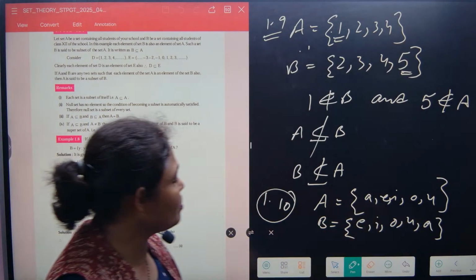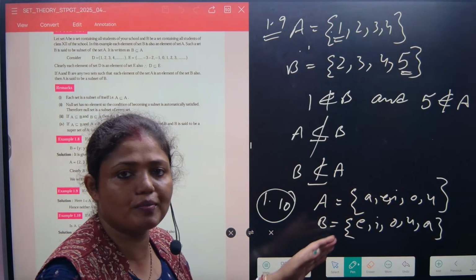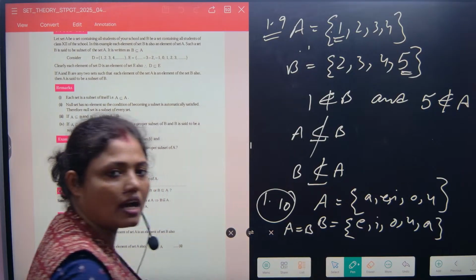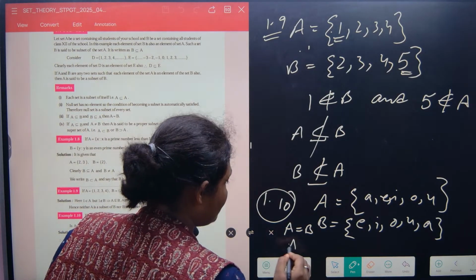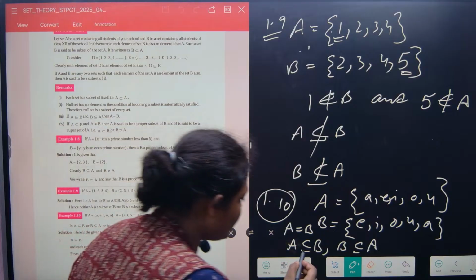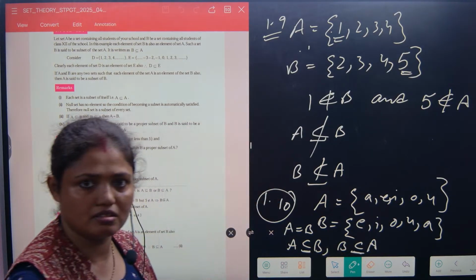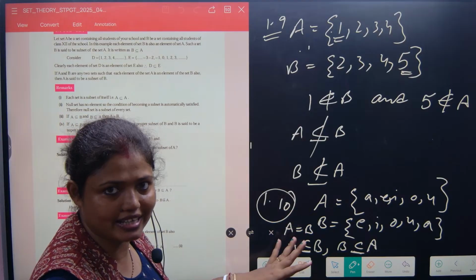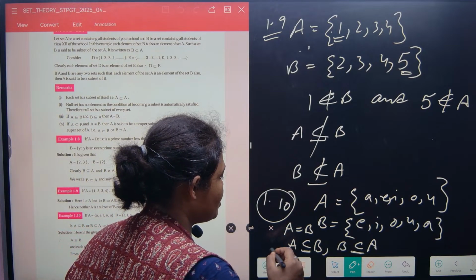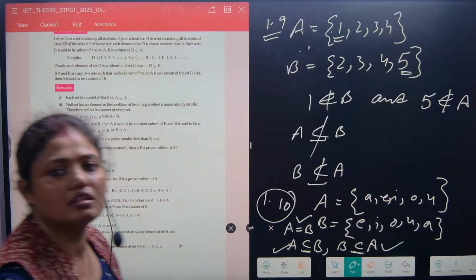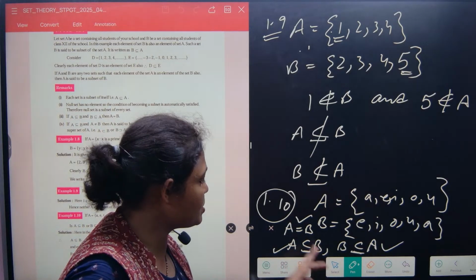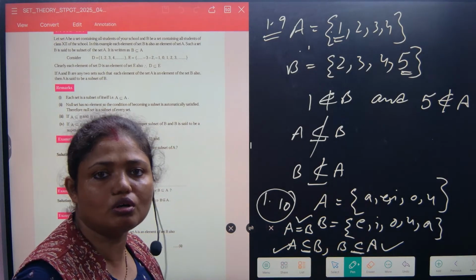All elements of B belong to A. All elements of A belong to B. First of all, we can write that A and B are equal, as we have learned earlier. Then we can say A is a subset of B and B is a subset of A, because here we have the equal sign. So we can write these three conditions, 1, 2 and 3, right? So if A is a subset of B and B is a subset of A, then A equals B. Got it?